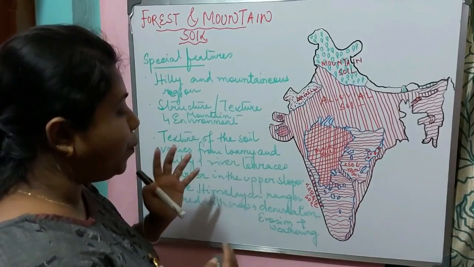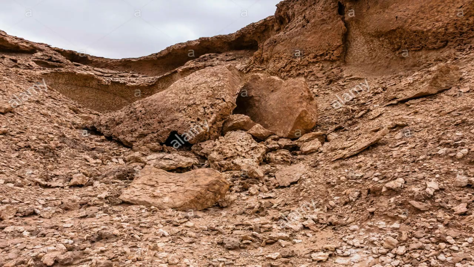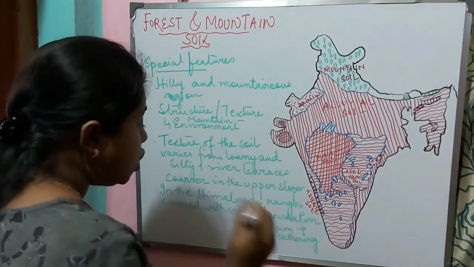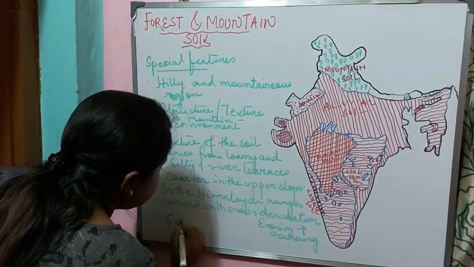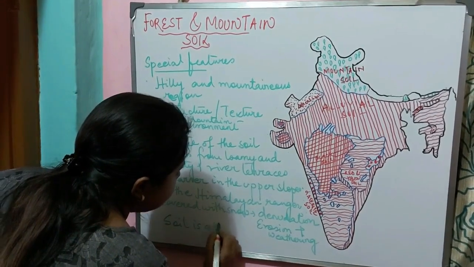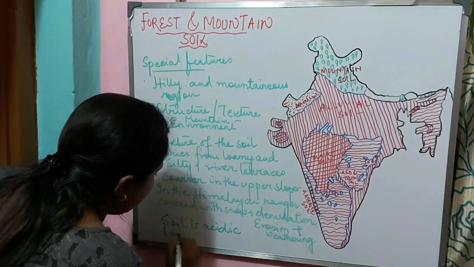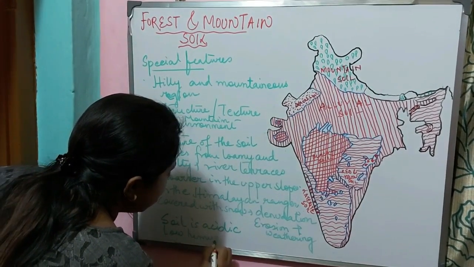It is a process where the rocks are broken down into pieces by the action of the agents of erosion like wind, water, ice, right? That is called denudation. So here, as the denudation process takes place, the soil is acidic, and in this region we will see it has low humus content.